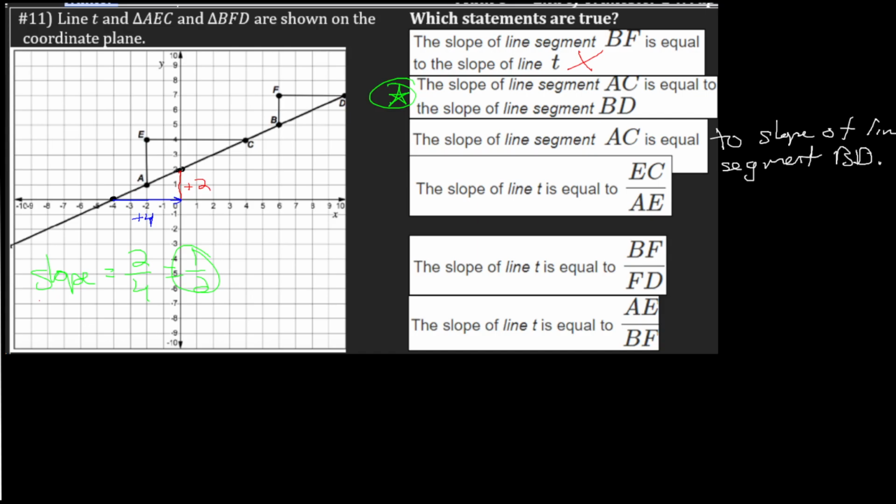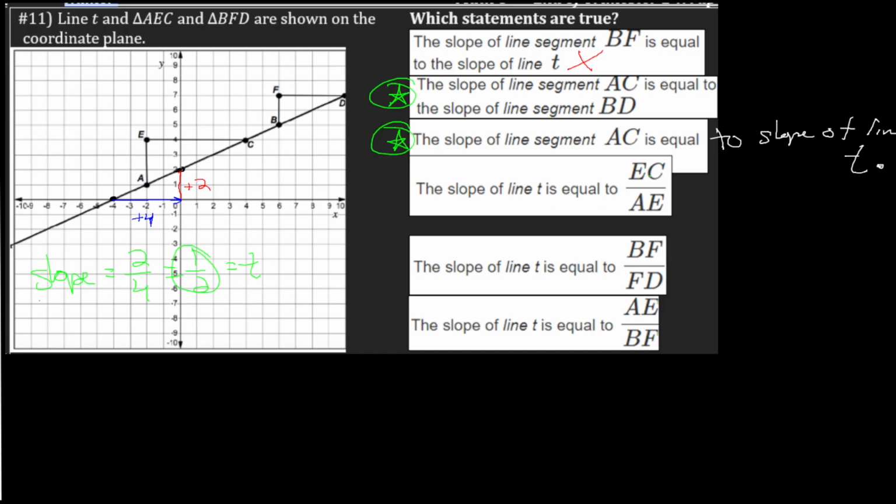Actually, the slope of line should be just line T. Sorry, that's where I messed up. So slope of line T. There we go. We just did that one. So if we're comparing AC and line T, we know those are equal because both of those have a slope of 1/2. So I know that this one is also good.